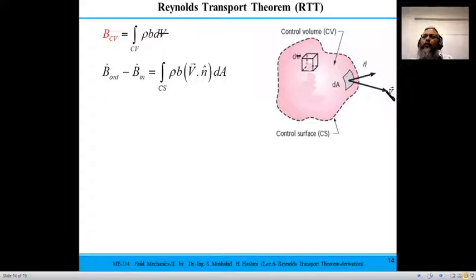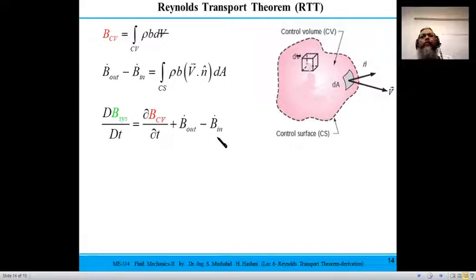The velocity component which is perpendicular to this normal direction, or parallel to the surface, would remain in that region, not coming out of that region. So mathematically this B out and B in term is represented by this integral, and we will see the physical meaning later. Just plug into our inventory equation.